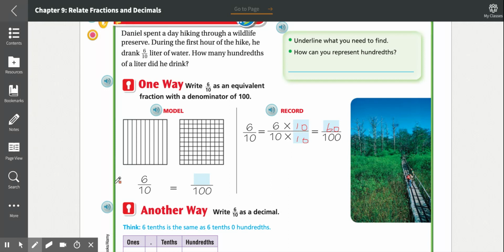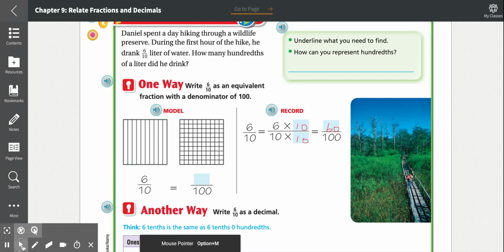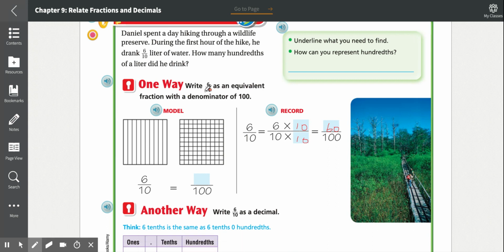Well, let's show this in the model. Write 6/10 as an equivalent fraction with a denominator of 100. So here we're going to color in 1, 2, 3, 4, 5, 6 tenths. So that's colored in.